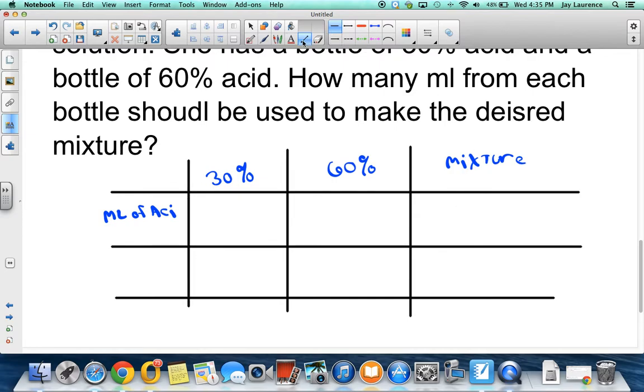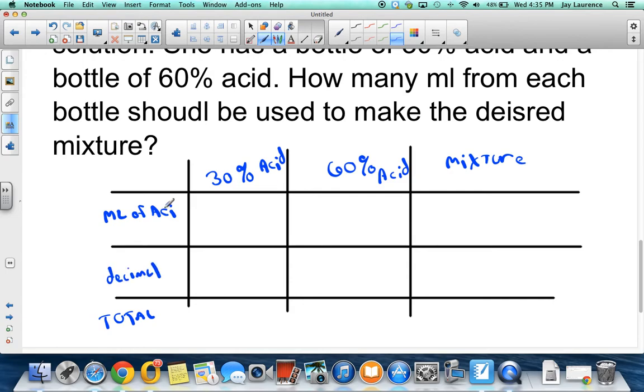All right, that looks okay. And what else am I going to do? Milliliters of acid. I've got the percentage. So we can do a total down here. And this will be the percent as a decimal, so I'll put the decimal here.